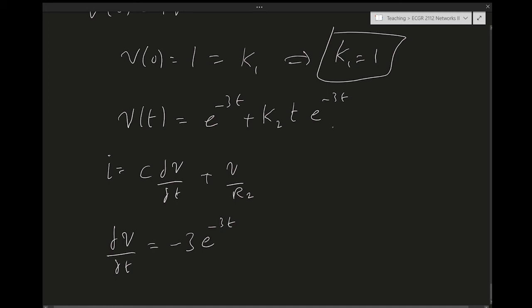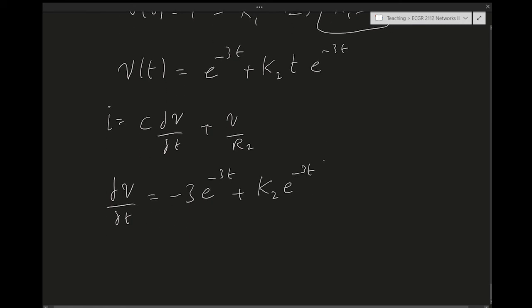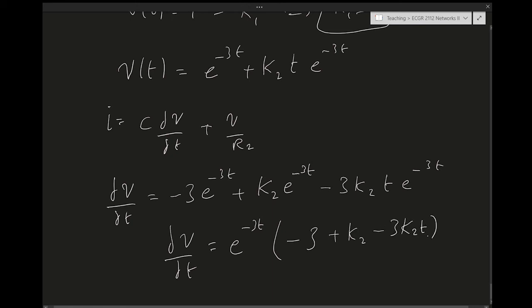And then here we have a product of t and e^(-3t), so we need to apply the product rule. That will be plus K2 e^(-3t), where I differentiate the t, and then I differentiate the exponential, which gives minus 3 K2 t e^(-3t). So dV/dt, taking the e^(-3t) out to simplify, is e^(-3t) times (minus 3 plus K2 minus 3 K2 t).